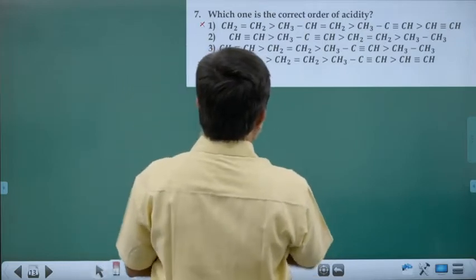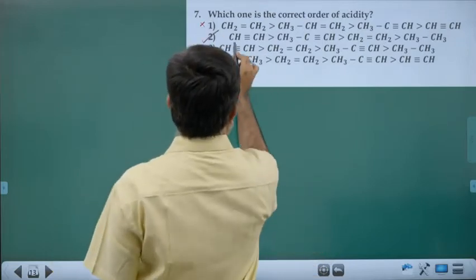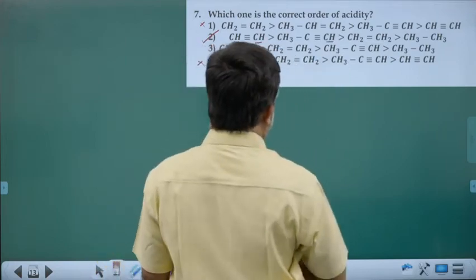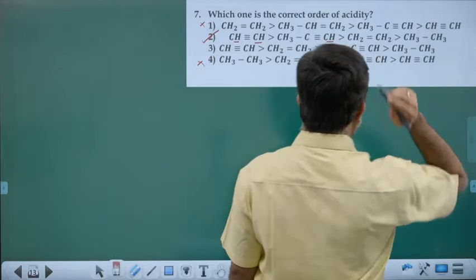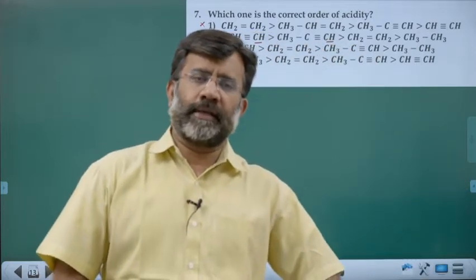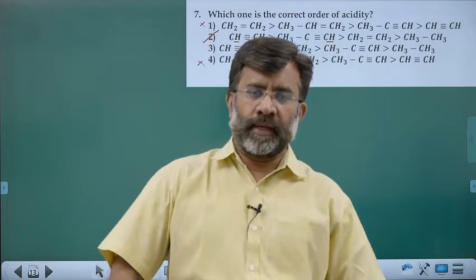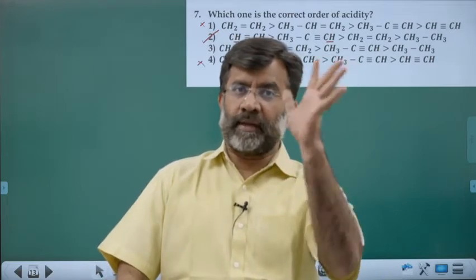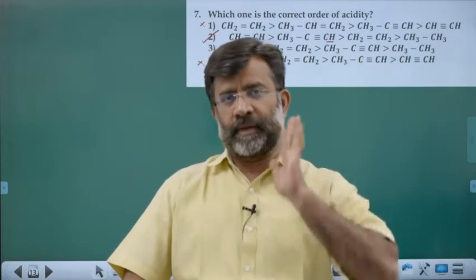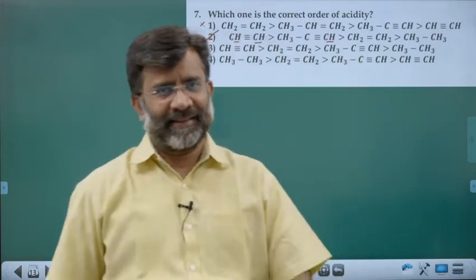Out of second or third, it is the second choice. So when you compare the acidic nature of hydrogen, the hydrogen on the sp carbon is more acidic than sp2, than sp3.